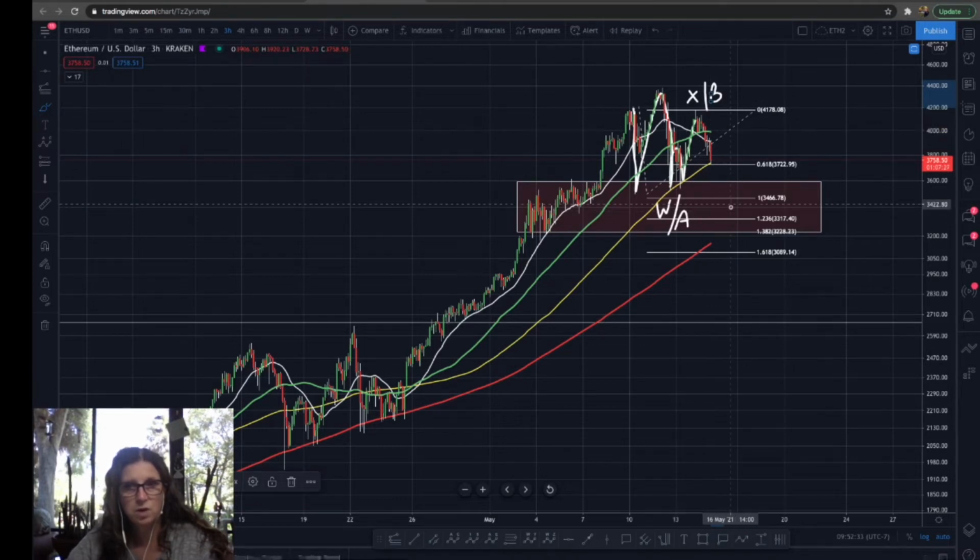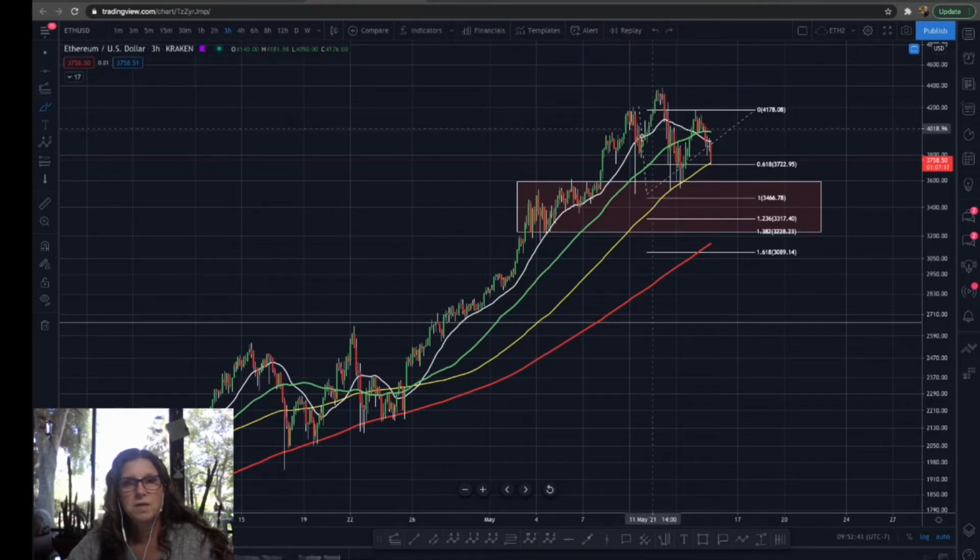Well, if it's a 3-wave, it's Y. If it's a 5-wave, it's a C. But basically, the correction goes like this. Okay.